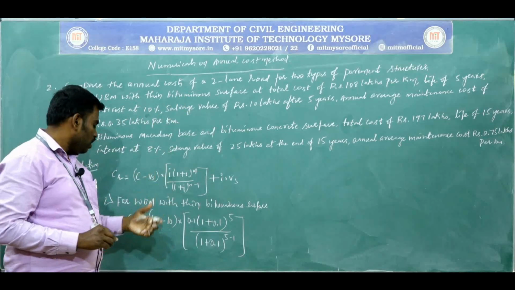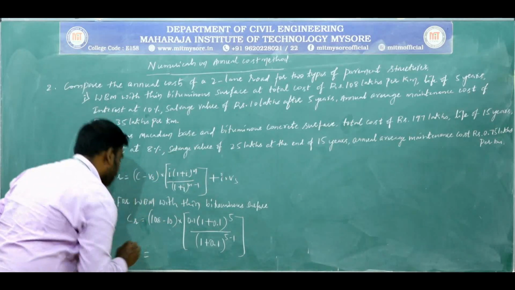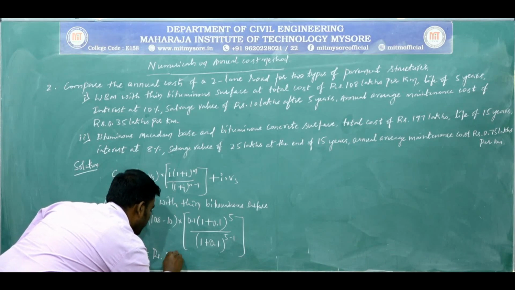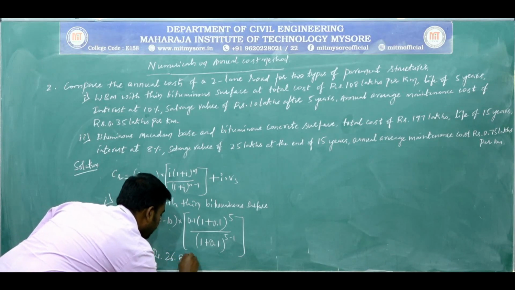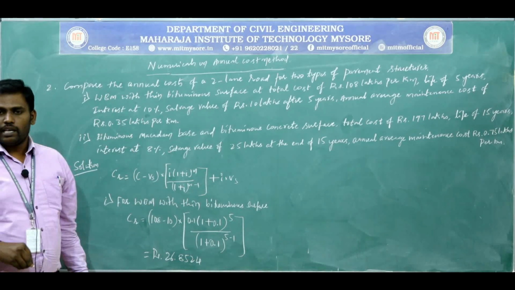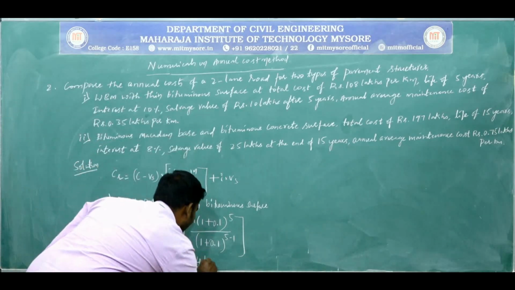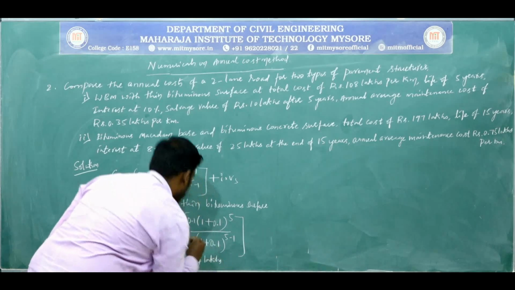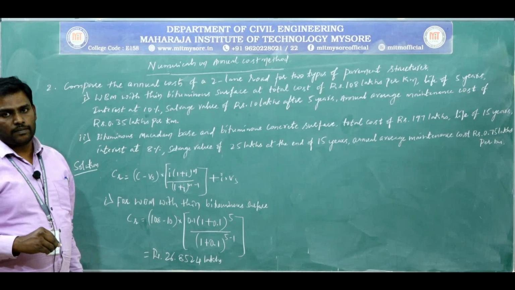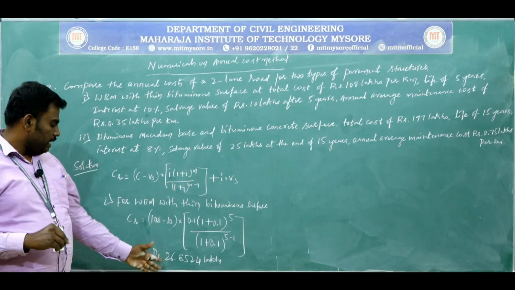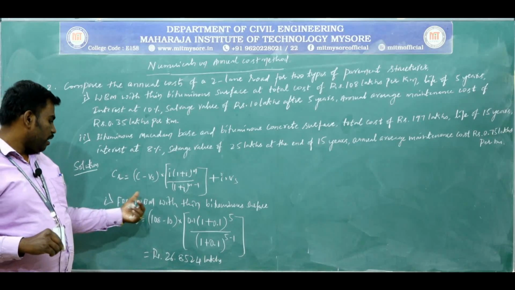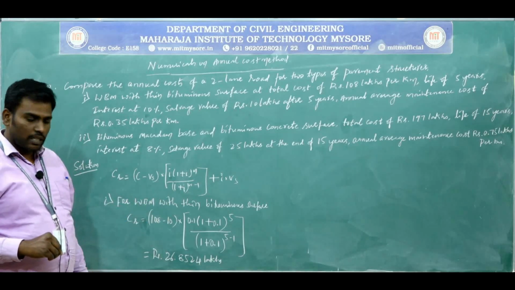For the first case you may get an annual cost of rupees 26.8524 lakhs. This is the annual cost of the WBM with thin bituminous surface.